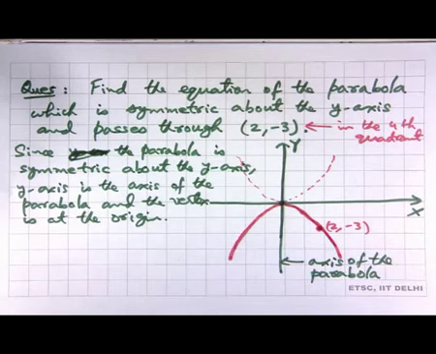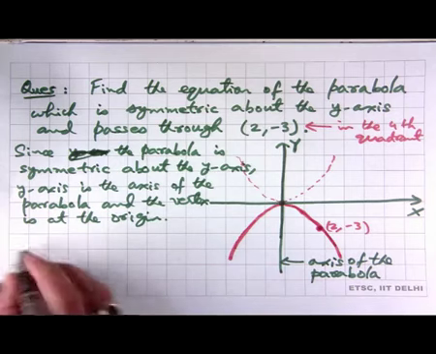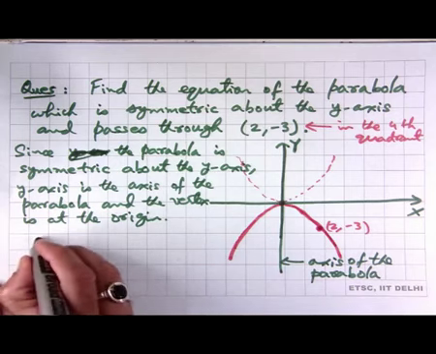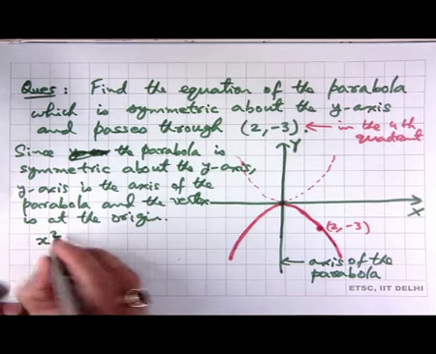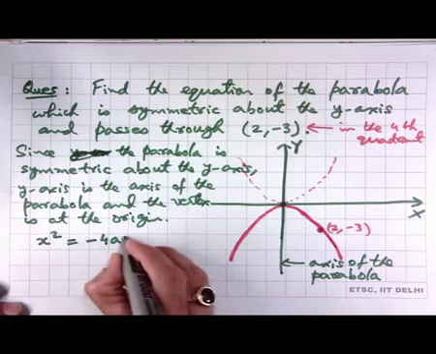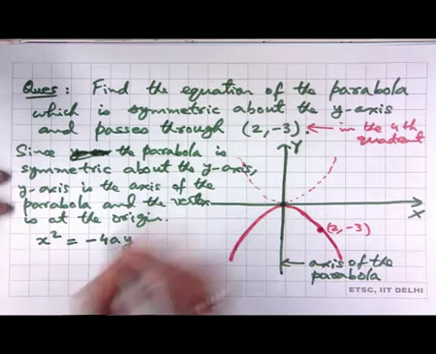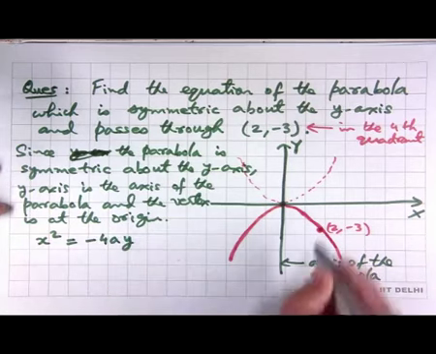We know the general equation of this parabola is x square equal to minus 4 a y, right? We do not know what a is, so we need to find this a.